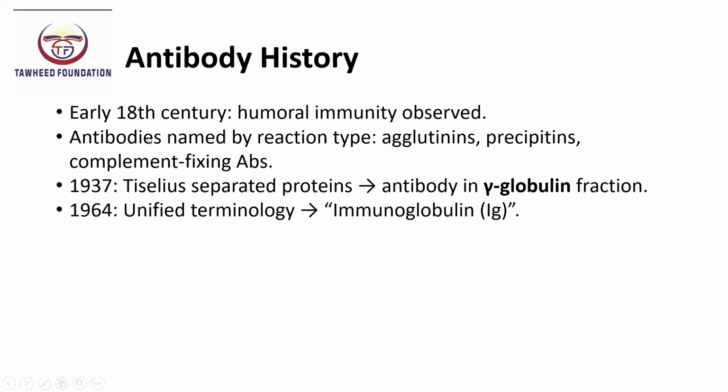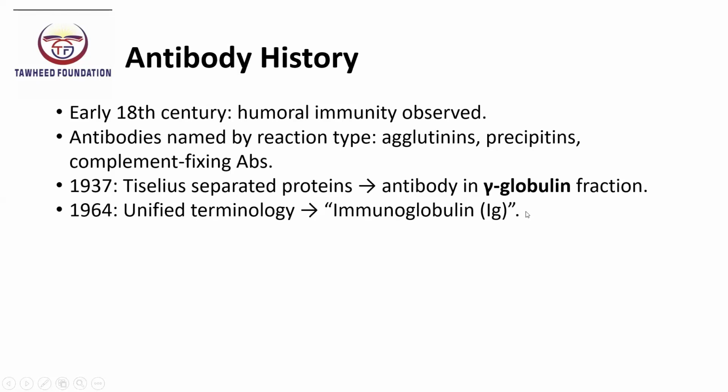Later, fractionation of immune sera revealed that antibodies belong to a specific group of proteins called globulins. Using electrophoresis, serum proteins were separated into albumin, alpha, beta, and gamma globulin. Antibody activity was found in the gamma globulin fraction.